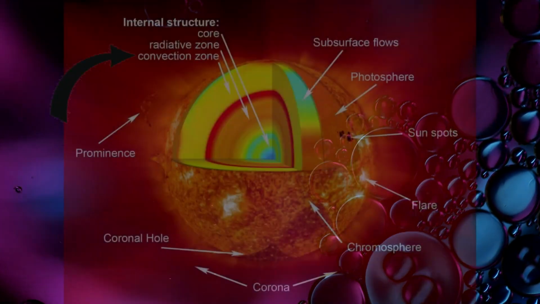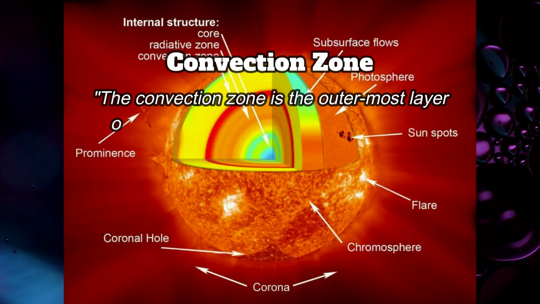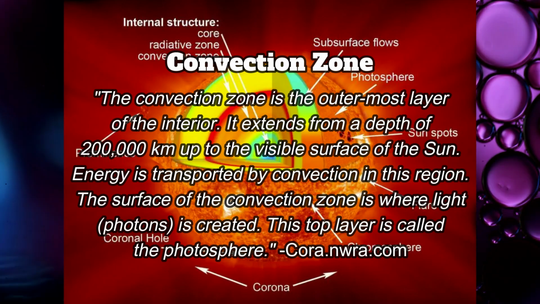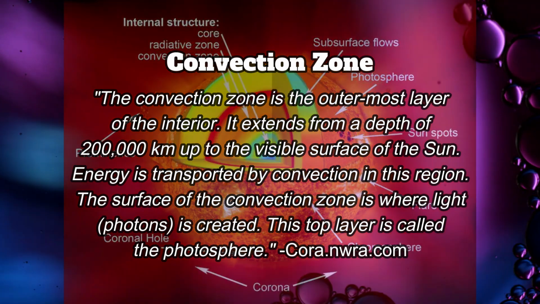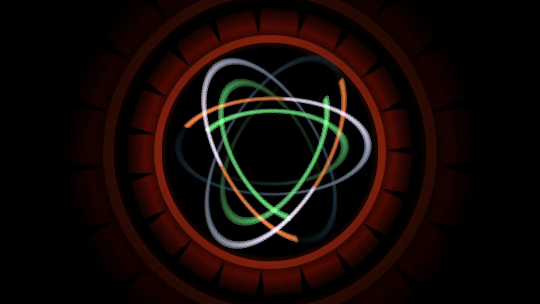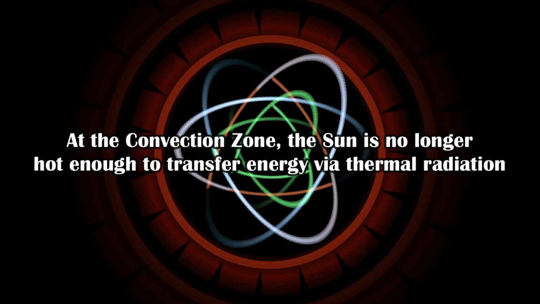Beyond the tachocline, naturally, lies the convection zone, where the temperature drops below 3.5 million degrees Fahrenheit. Here, large bubbles of hot plasma move upwards towards the photosphere via thermal convection through thermal columns, as the Sun at this layer is no longer hot enough to transfer energy via thermal radiation.